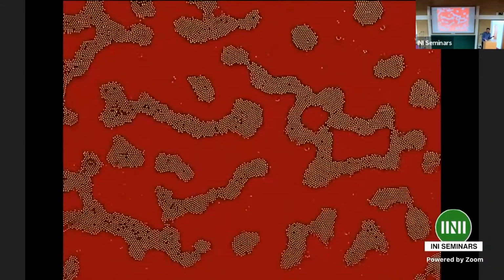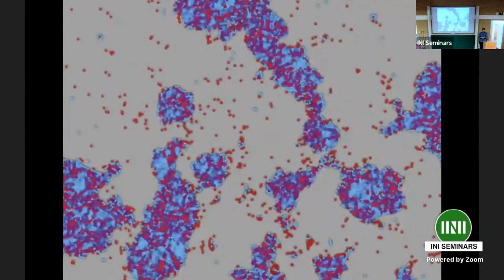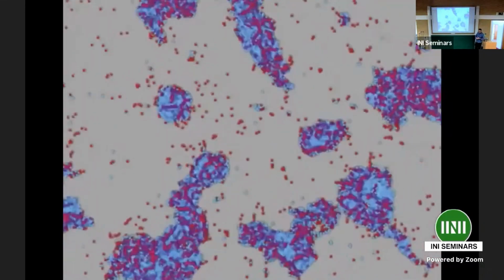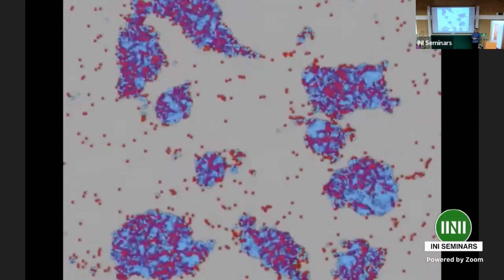But what you see here is that they have undergone something that looks like microphase separation. That is to say, they have not formed a large bulk liquid, but they're clearly not homogeneously distributed. This is the same sort of data. What we've done here is to track the particles, and they're colored according to a bond orientation order parameter, psi6.